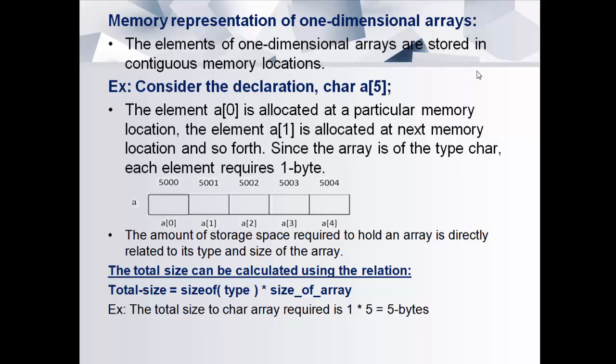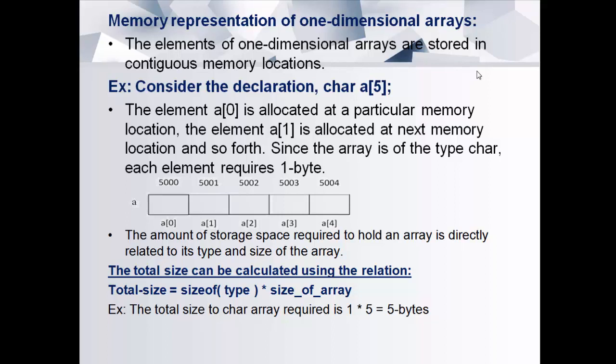A of 0 is allocated at a particular memory location, which means each and every element, or position of an element, will be allocated at a specific given memory location. The element A of 1 is allocated at the next memory location and so on.